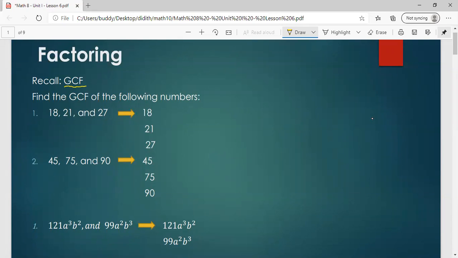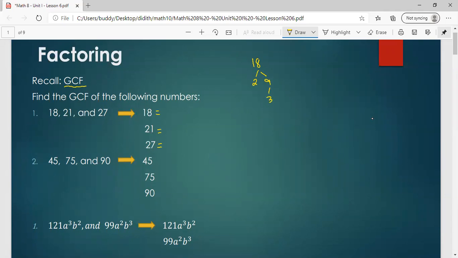So what we're going to do is to list down each number and then place the prime factors of each number on the same row. Like for 18, we know that 18 when divided by 2 equals 9.